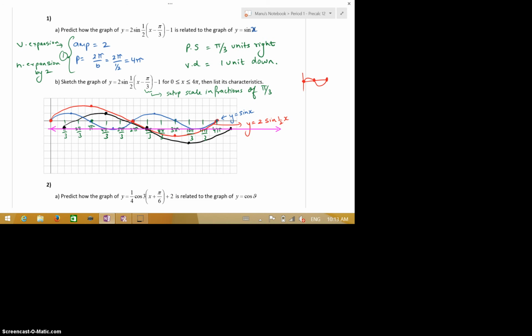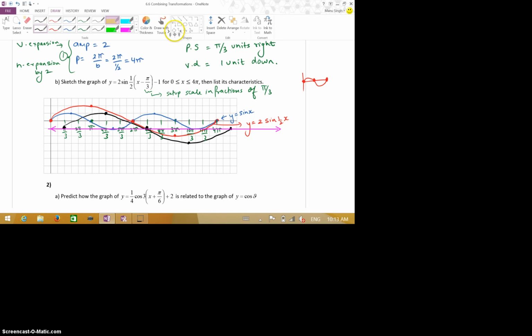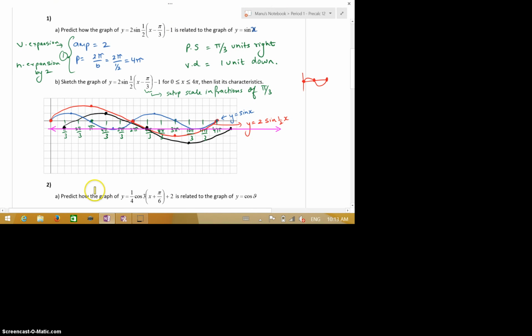But the properties are still the same. The center of the graph has moved 1 unit down. The entire graph has shifted pi over 3 units over, but the overall shape makes sense. I'll highlight this graph just so it's a little bit more visible to you. This is the graph that we're now looking at, the final graph.